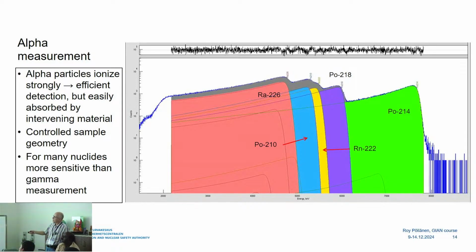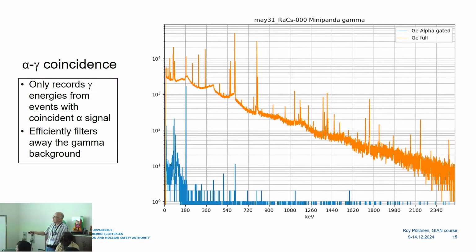Let's see what happens when we are doing coincidences. Again, list mode coincidences. Time signal is collected from both detectors and attached to each quanta. So this is a raw, so-called raw gamma spectrum, normal gamma spectrum. This is gamma spectrum that is gated using alphas.